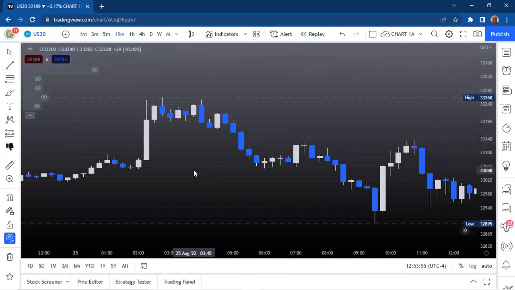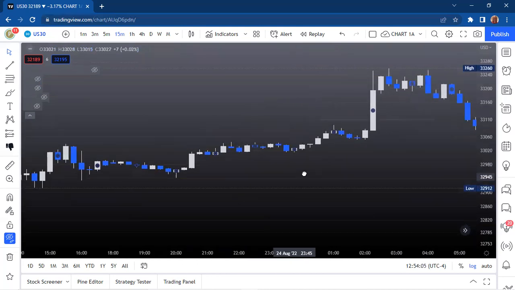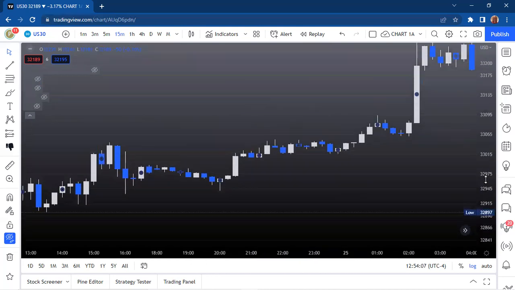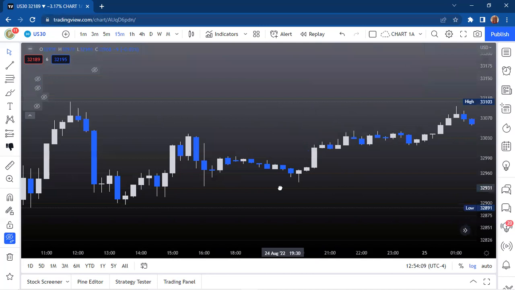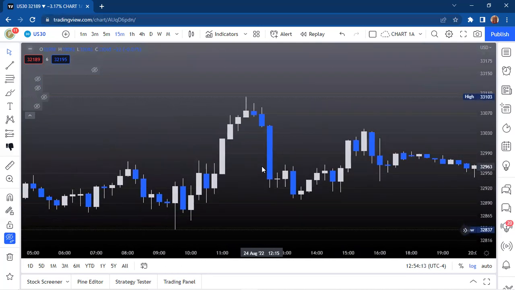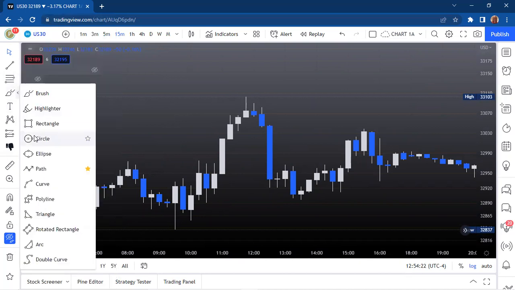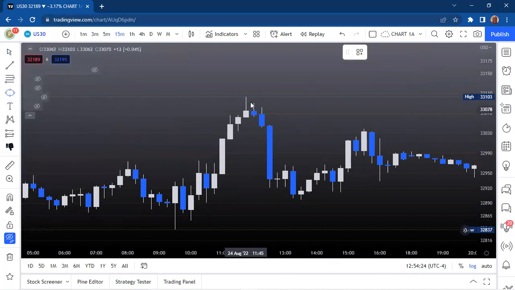Shooting stars usually tend to be at the top of a trend, right? So we look at the top of a trend to see if we can find any shooting stars. It's a good way to backtest. Okay, so here's one right here. Let's mark it. I want you guys to train your eye to see these shooting stars.